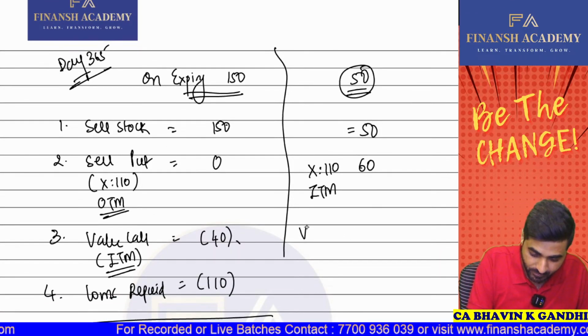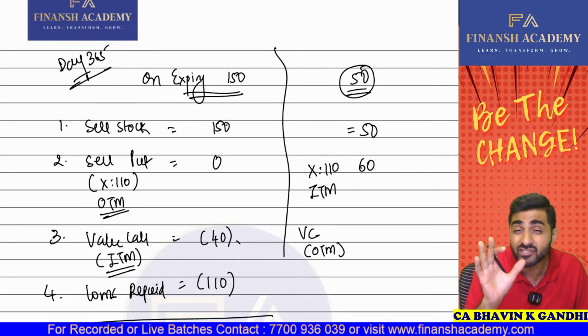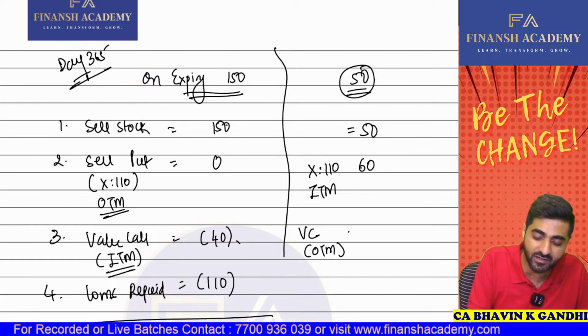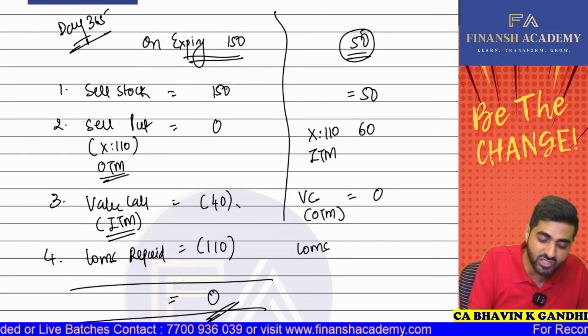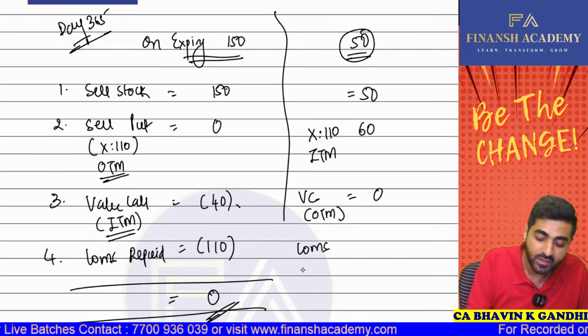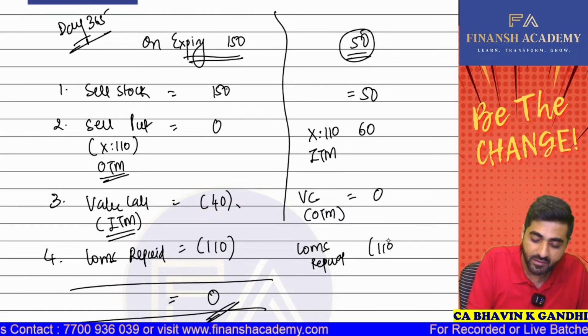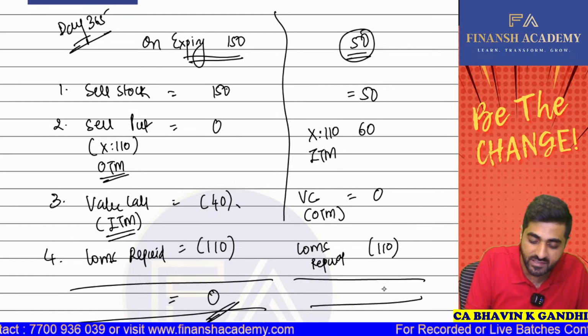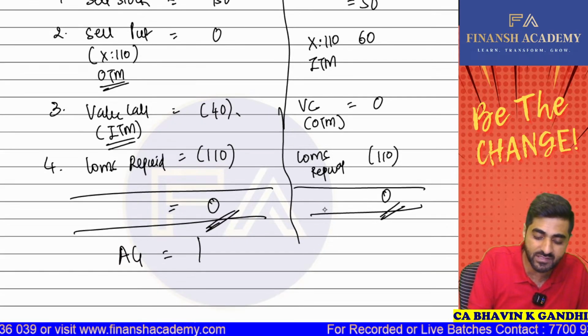Now the call becomes OTM and I am the option writer. It's good for me. This will become 0. And now the loan which will be repaid is 110. So ultimately, this is also going to be 0. So in both the cases, this will be 0.